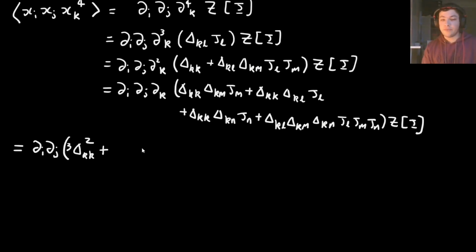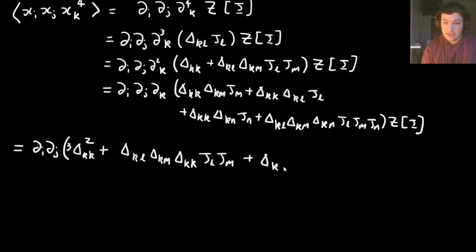And then we differentiate the other one, we're going to get delta_kl, delta_km, delta_kk, J_l J_m, plus delta_kl, delta_kn, J_l J_n, plus delta_km, oh, missed out the delta_kk.